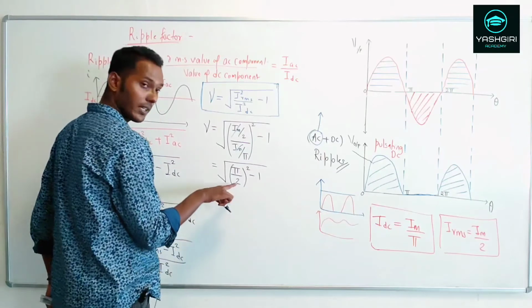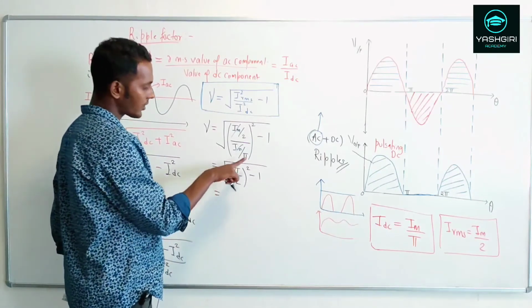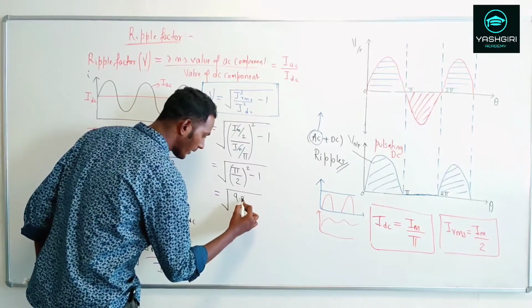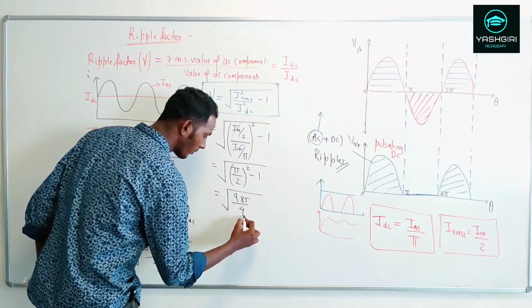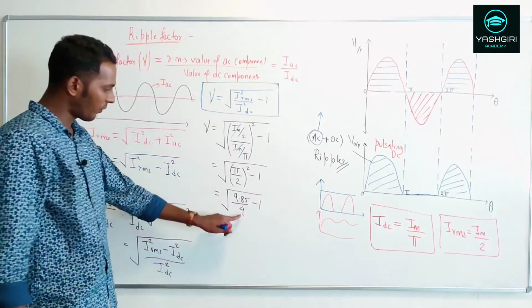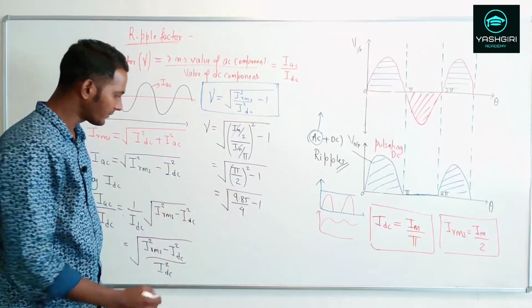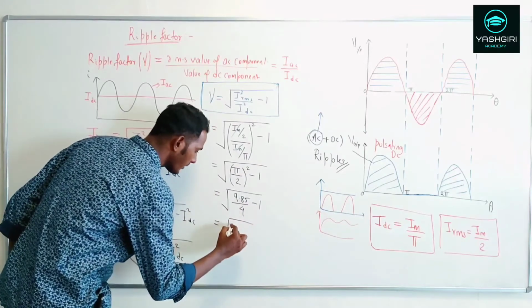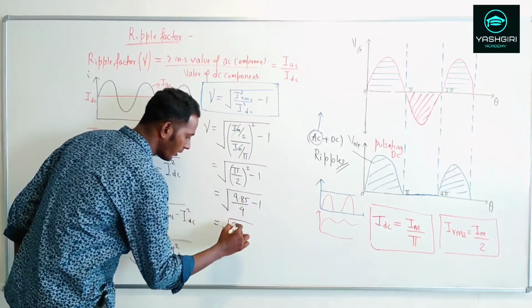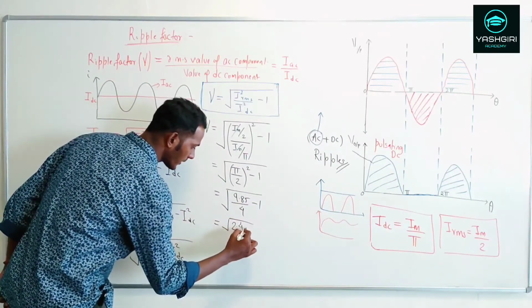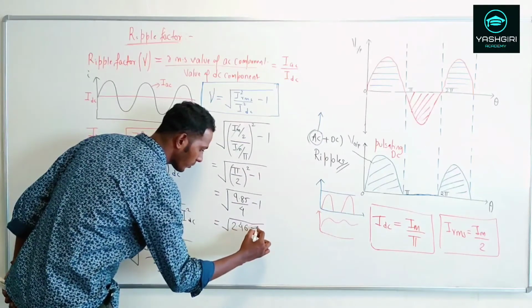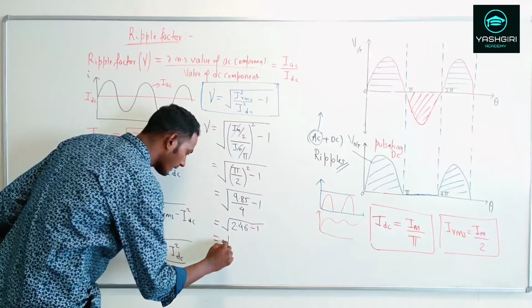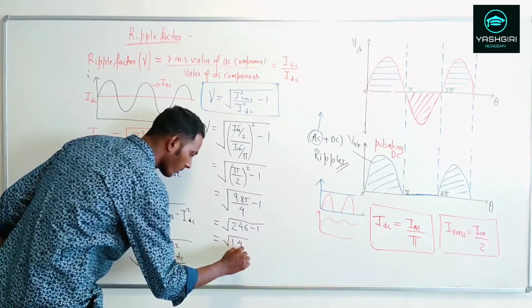Now pi is 3.14, and its square gives me 9.85. So 9.85 divided by 4, minus 1, gives 2.46 minus 1, which is 1.46.